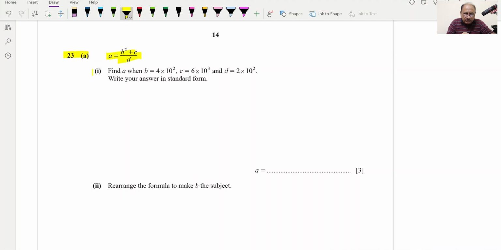Now question 23 a part. This equation is given. Find a when the b, c and d values are provided, and write your answer in standard form. So we will replace the values. A is equal to what?